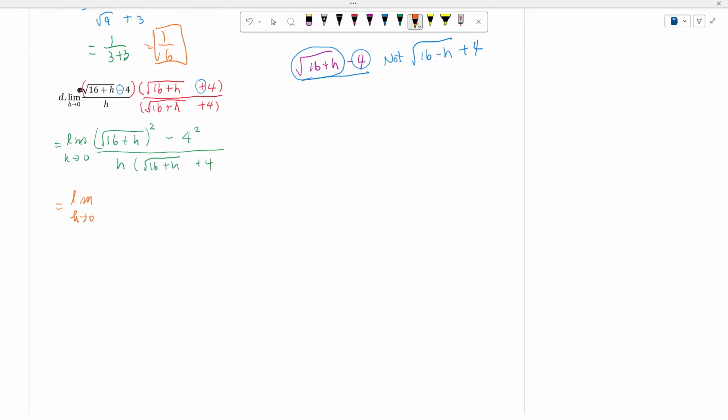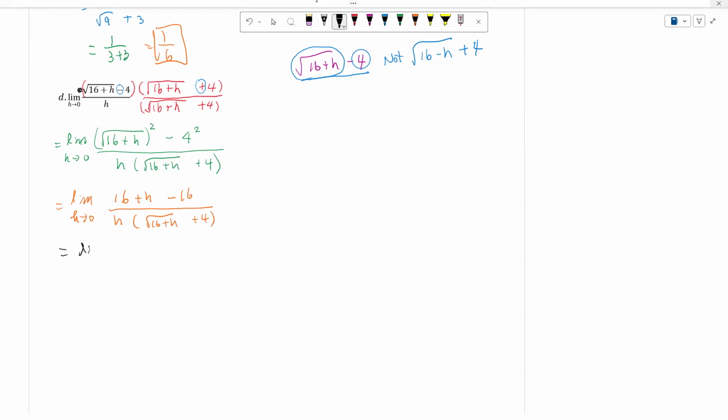And you will see that this basically is 16 plus h minus 16, all over h times square root of 16 plus h plus 4.